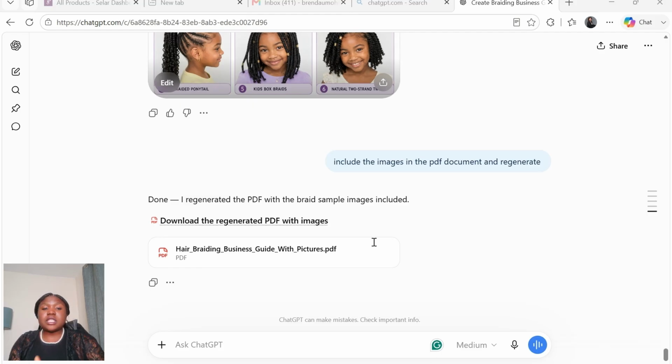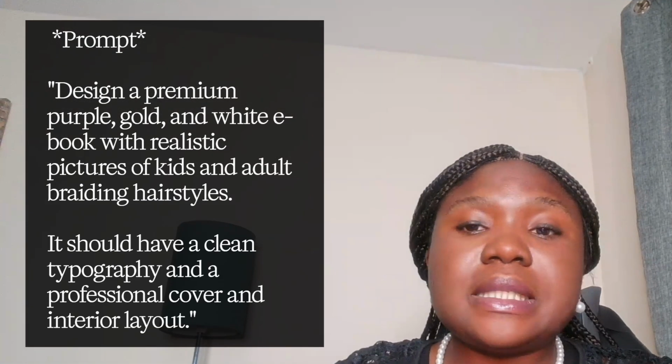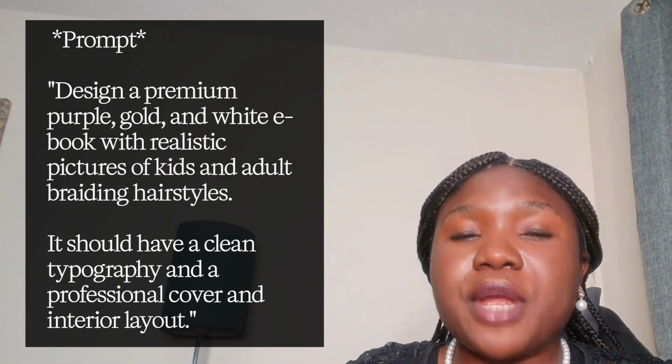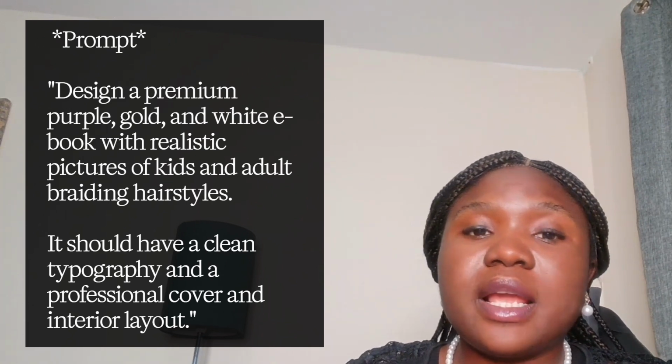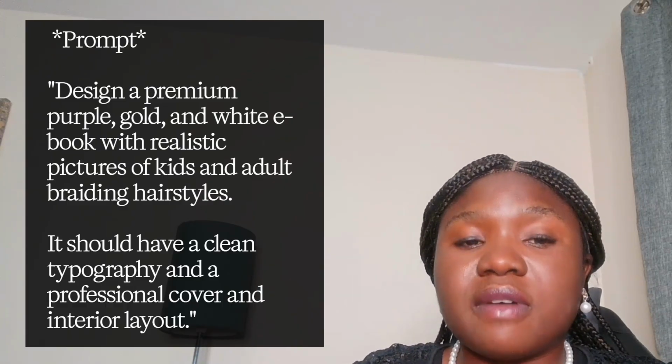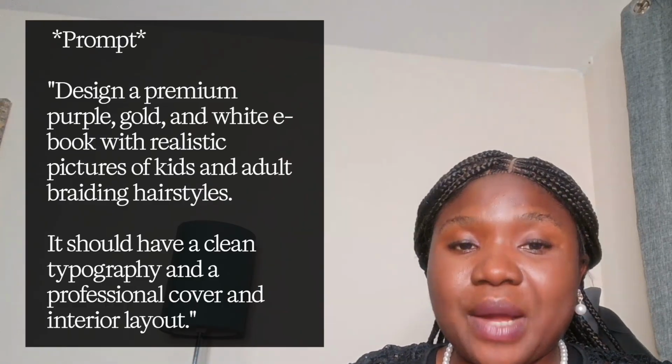We are going to work with the second prompt. The second prompt says design a premium purple, gold, and white ebook with realistic pictures of kids and adults braiding hairstyles. It should have a clean typography and a professional cover and interior layout.